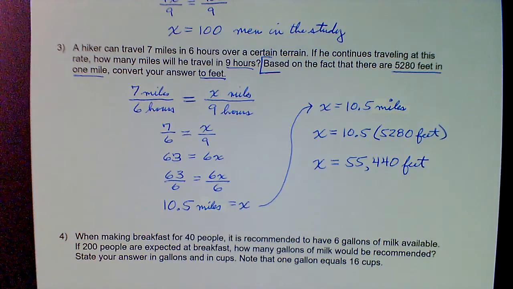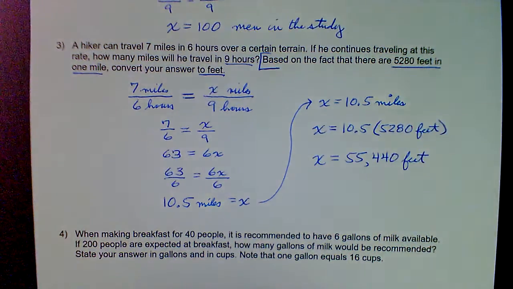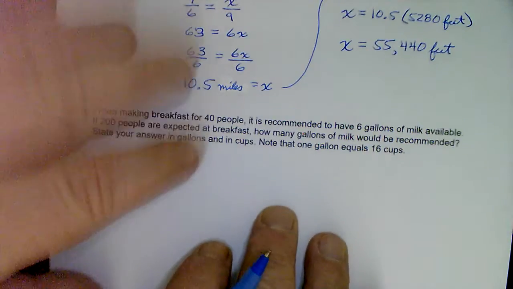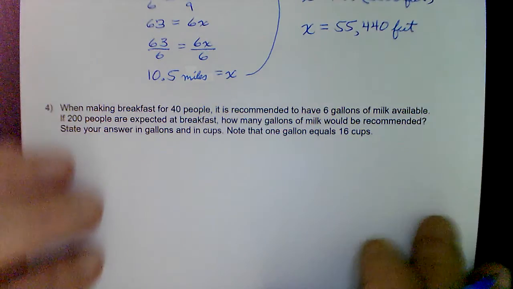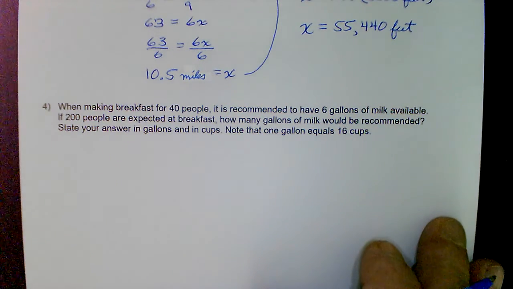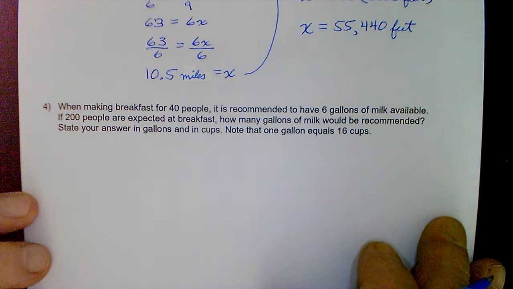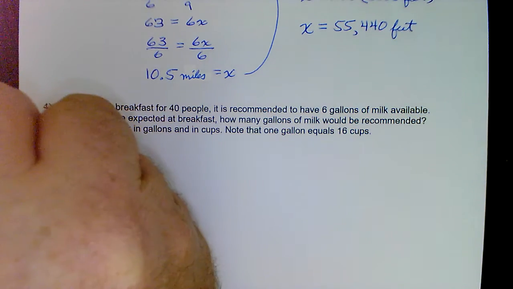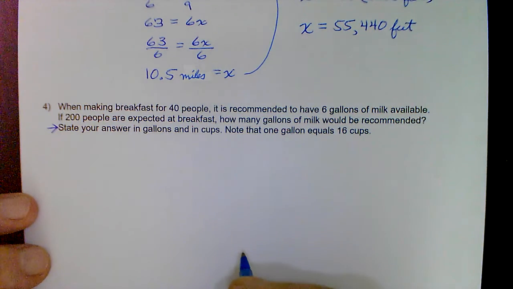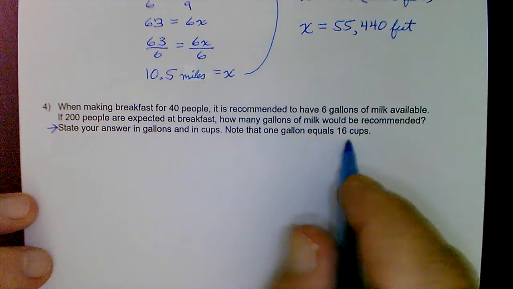Okay, and then the final example, just for some reinforcement here. When making breakfast for 40 people, it's recommended we have 6 gallons of milk, and we've got 200 people expected. How many gallons of milk? And then again, a second part, state your answer in gallons and in cups, and it gives us the conversion.